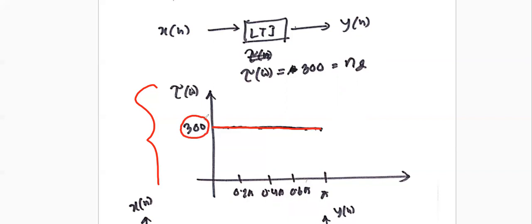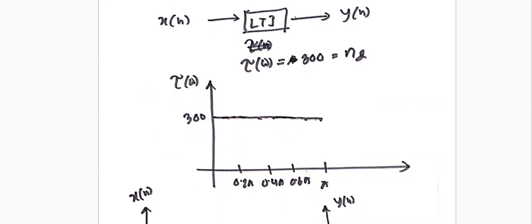What does it mean? It means the 0.2π frequency will have a delay of 300 samples, the 0.4π signal will have a delay of 300 samples, and 0.6π will also have a delay of 300 samples. So all the signals will have 300 samples delay.